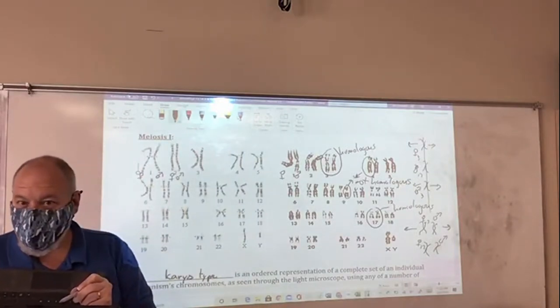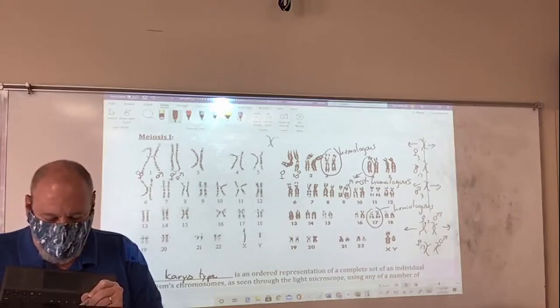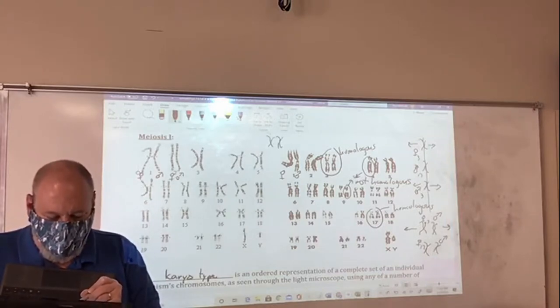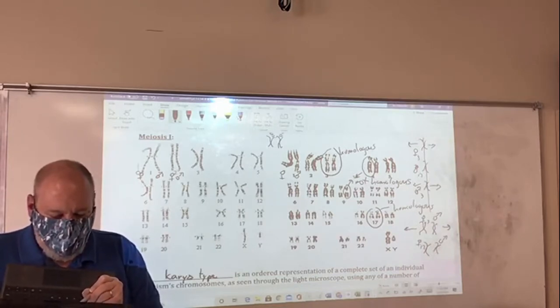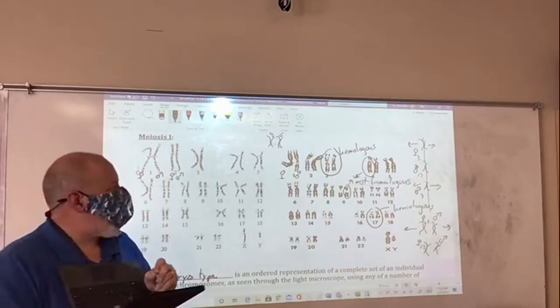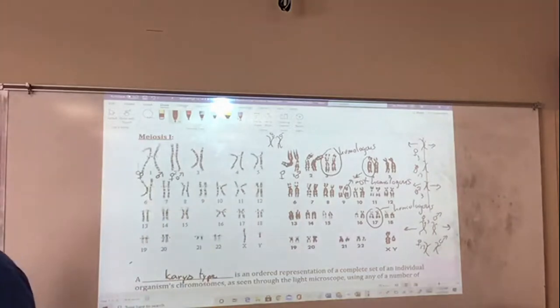It wasn't them splitting, was it? No. If this is chromosome 3 of mom, and this is chromosome 3 of dad, they got together in prophase. They attached to each other and switched genetic material.